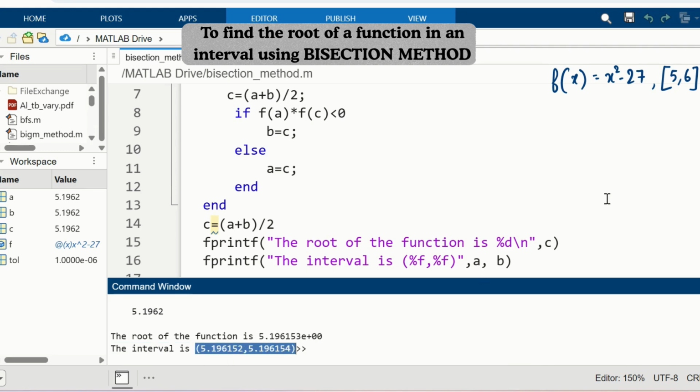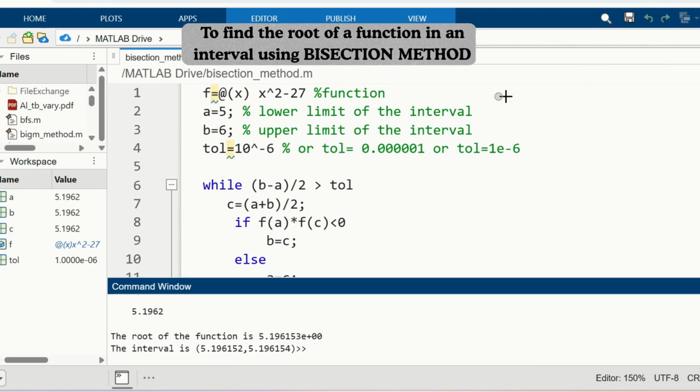If you want to find the root of another function, suppose now our function is x cube minus x minus 1 and its root lies in the interval 1 and 2, then the code will remain the same, only you have to change the f value, and the a and b values.